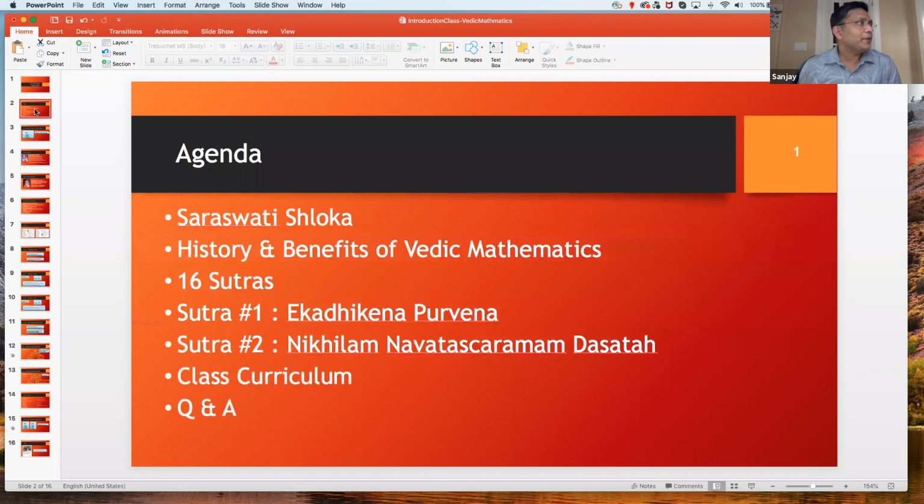To begin with, here's our agenda. Today we're going to start with a quick Saraswati Shloka, which is the first thing done as part of the class, to follow the tradition and get into the practice of having that open-mindedness and learning, and students get the benefit of that.